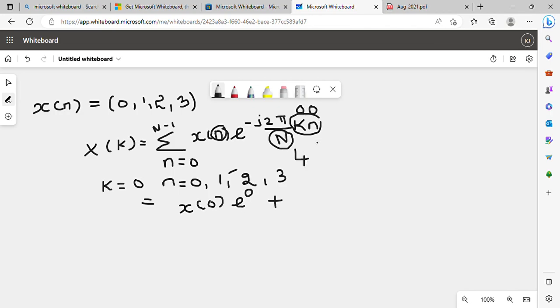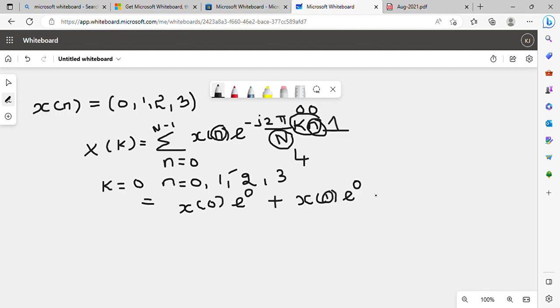So this whole thing, e to the power of minus j 2 pi by 4 into 0, is obviously 0. So directly you get this. And now here you can write x of 1 into e to the power of 0. Why e to the power of 0? But my n is 1. Now see here your n is 1, but my k is always 0.